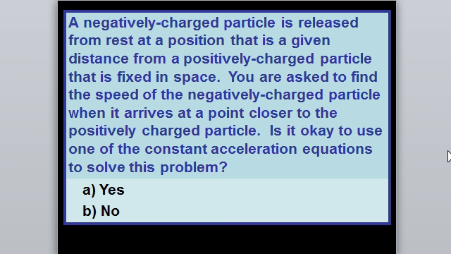And we could also look at it just using Coulomb's law and say the force is k times q1 q2 over r squared. And then the idea would be, once you got the force, draw a free body diagram, apply F equals ma to get the acceleration, and then use the acceleration in a constant acceleration equation to find the answer to the question.